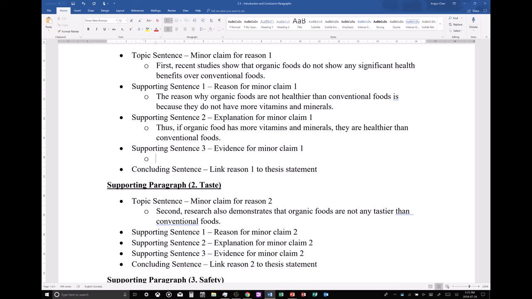So my evidence. So accordingly, that's a signal word.